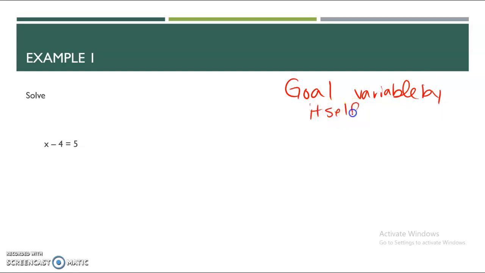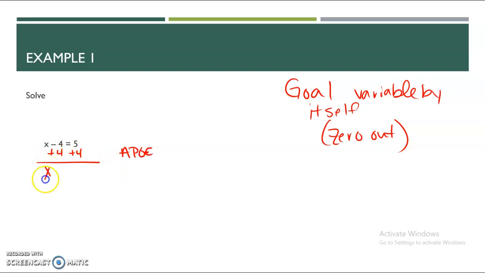And in this case, that means we need to zero out our constant. And since this is -4, the opposite of -4 is to add 4. And so I'm going to add 4 to both sides. And that's using the addition property of equality in order to get our answer.